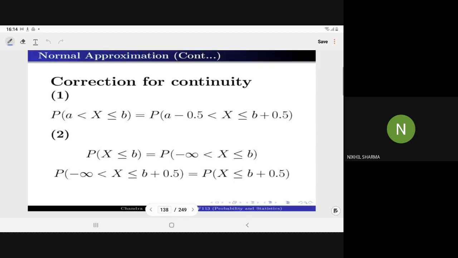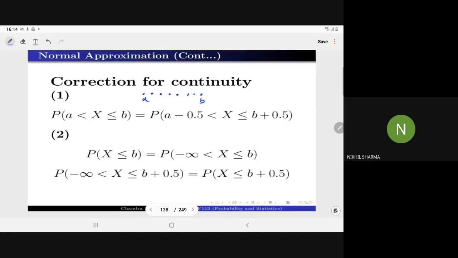So half unit correction, for example, if you have to compute the probability of x between a and b. So here we have the points. Let's say this point. On this side we have a, on this side we have b, right?